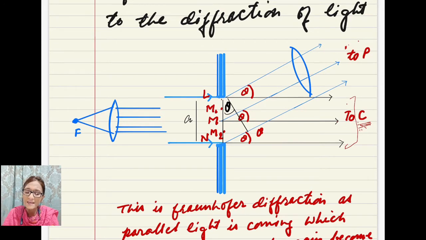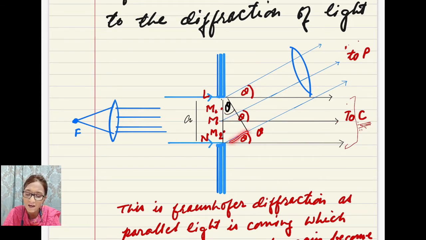Now this point P is at an angle theta. So it is making angle theta in between the two rays. Therefore, the same angle theta will be made in between the perpendiculars of these two rays also. So you have a perpendicular here and another perpendicular here. The angle will be the same in the two cases. This will be your theta.